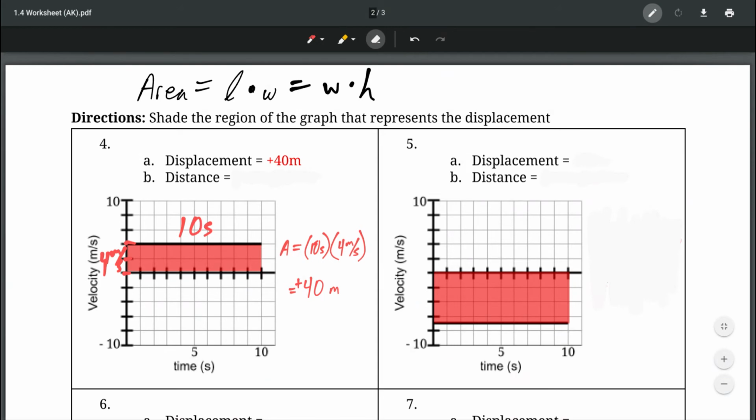And then the distance is going to be the absolute value of that displacement, which gives us a distance of 40 meters. Notice that even though positive 40 with a plus sign or without a plus sign, they mean the same thing in math. In physics, this top one has a direction, and then this bottom one, this distance, does not have a direction. It doesn't have a plus or minus direction associated with it.